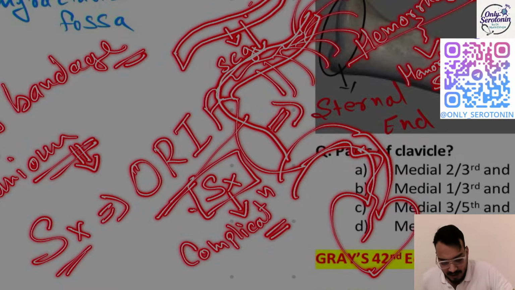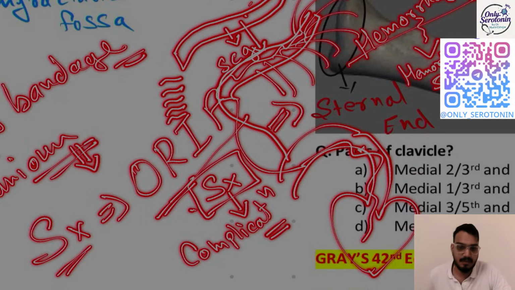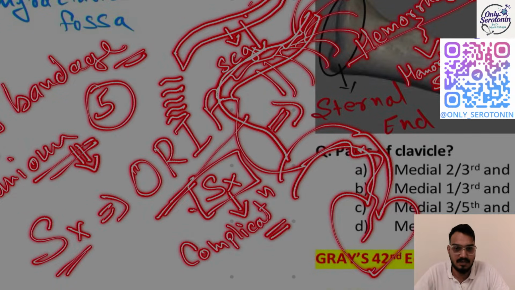As well as here we are having the starting point of the major branches of the brachial plexus. If you have taken my classes, you have seen that after the brachial plexus, I have told you 5 major branches of the brachial plexus, which we are going to discuss today also at the end of this topic. The roots or the starting point of these 5 major branches is also near to the clavicle, right?